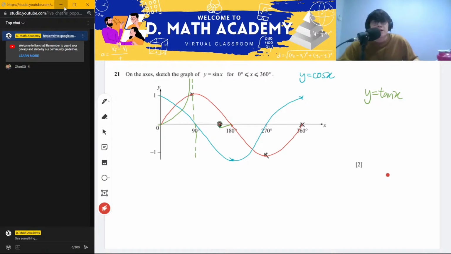This is considered as one complete tangent graph, but it depends on the range that they gave you. If they ask you to draw until 360, then you must know that your second dotted line is at 270. When you key in tangent 270, you get math error. So you know that it never touches 270, and then it shoots back down. Try to draw it as nicely as possible, and then complete the graph here. That's how it looks like.